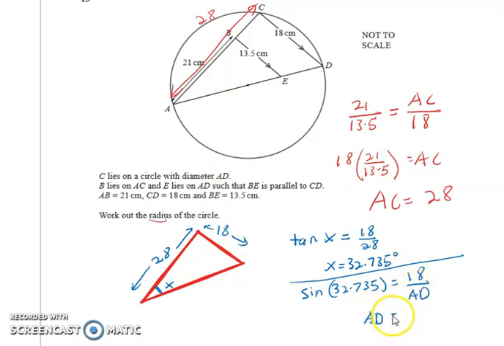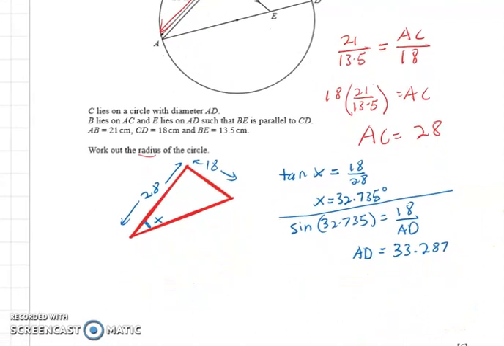The AD answer will be 18 divided by sine 32.735, and your answer given here is 33.287. This is the diameter.